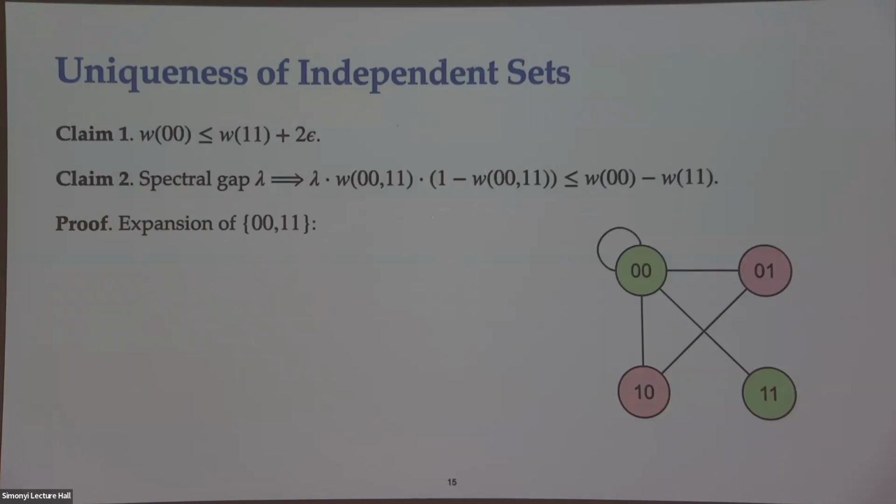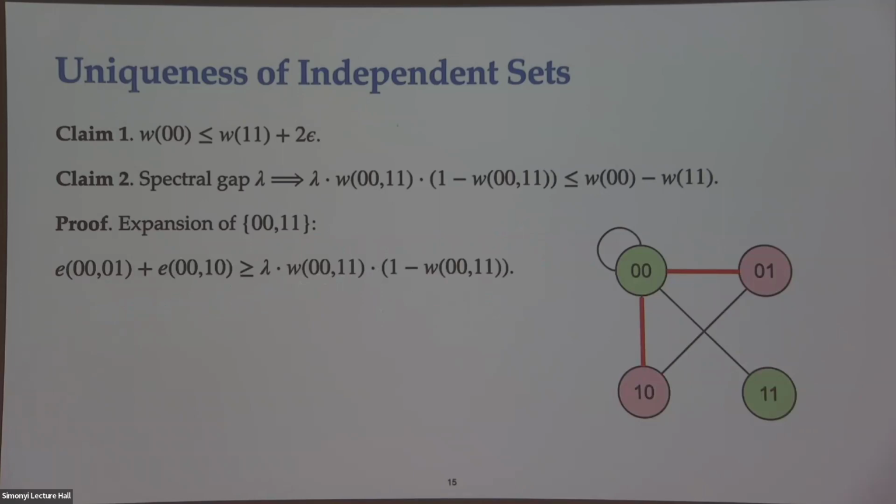The outgoing edges of these two clusters are these two red edges, the edges between these clusters and those clusters. So the outgoing edges is at least the spectral gap times the size of the set times 1 minus the size of the set. This is just the usual notion of edge expansion.